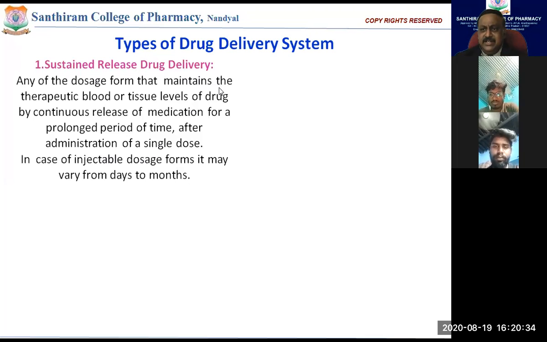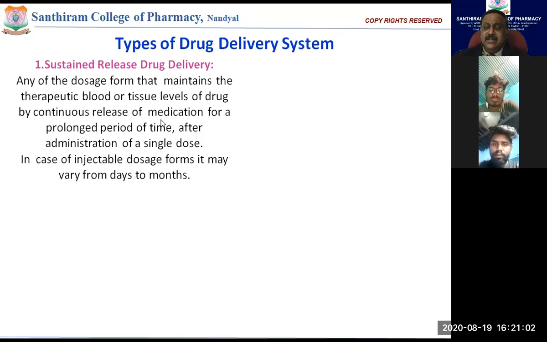We have discussed this already in the previous class. Now, any dosage form that maintains the release pattern and maintains the concentration of the drug within the blood or tissue levels by a continuous release pattern. That means it keeps on releasing at one particular release rate, right?